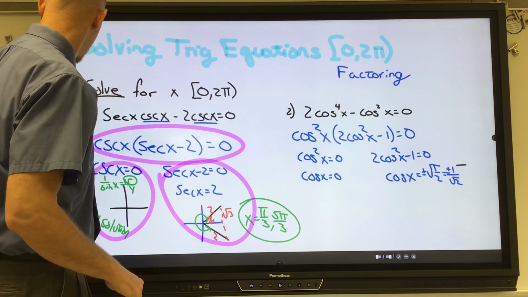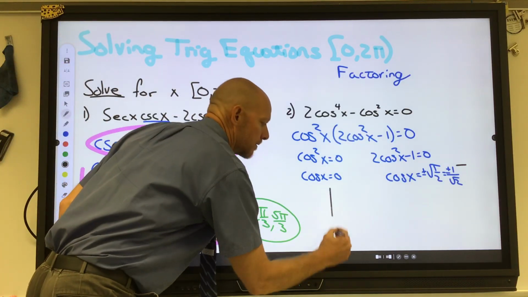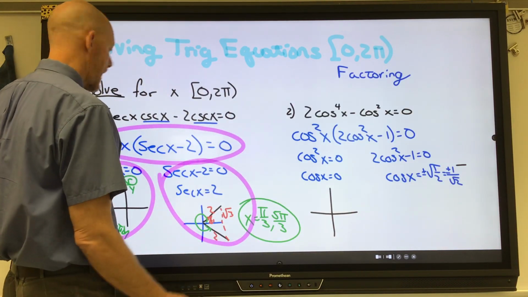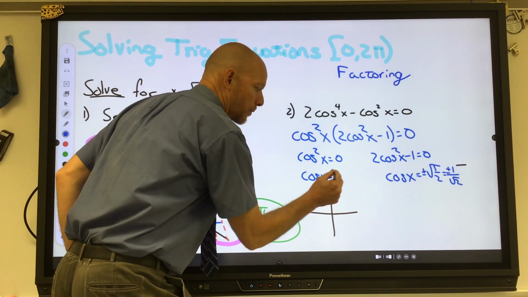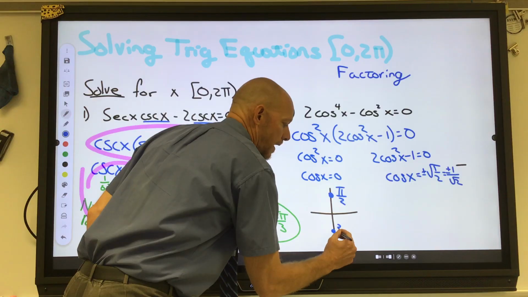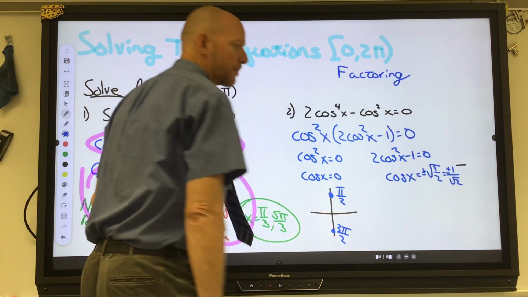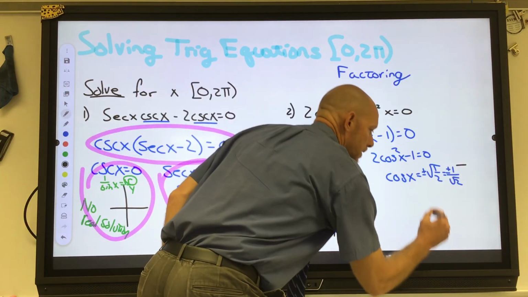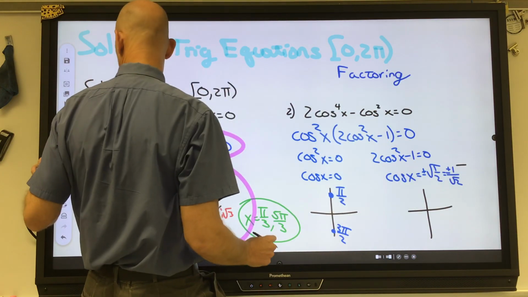Now we have to solve both of these scenarios. Cosine is the x-coordinate, so the x-coordinate is equal to 0 at pi over 2 and 3 pi over 2.